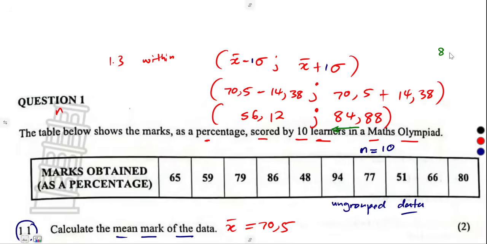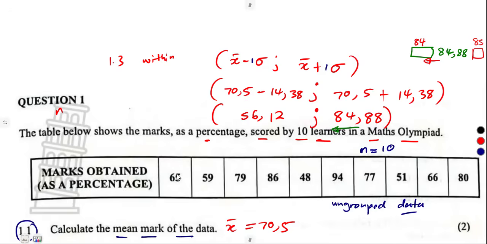Meaning to say, when something is less than 84,88, this is what we have. There is 84 as a whole number there. There is 85 on this other side. So numbers that are less than 84,88, we're talking about 84 is supposed to be there. 84, 83, and so on. So these are the numbers that we need, all right?